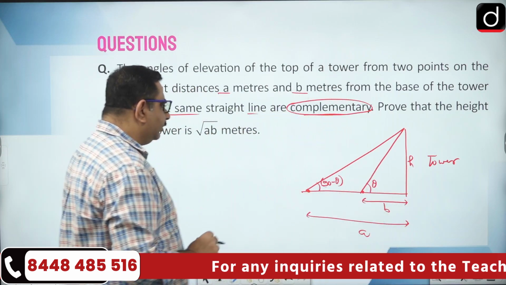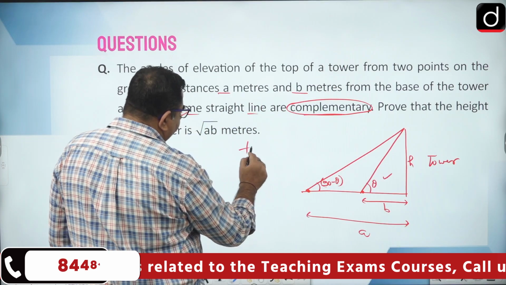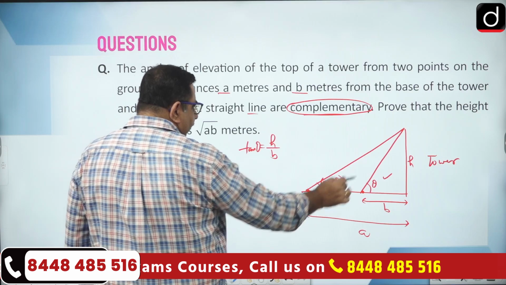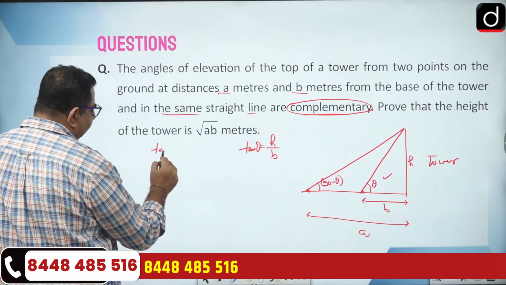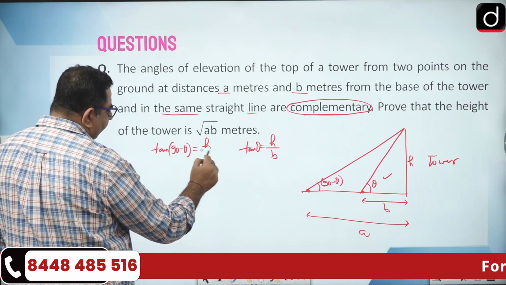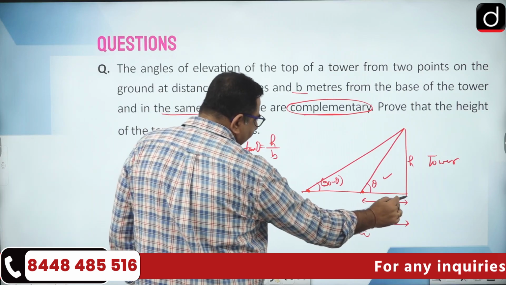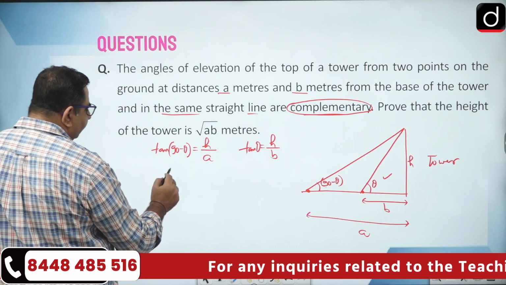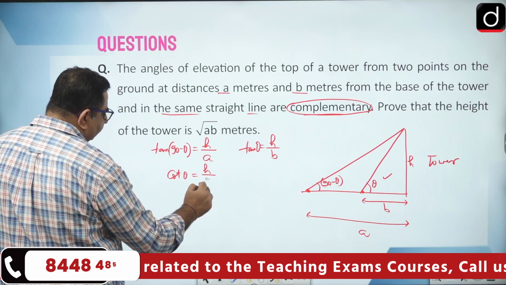In one triangle, tan theta is equal to height by base. In this triangle, tan 90 minus theta is equal to height by base. Now the base in the bigger triangle is a. Tan 90 minus theta is nothing but cot theta, so cot theta is h by a.